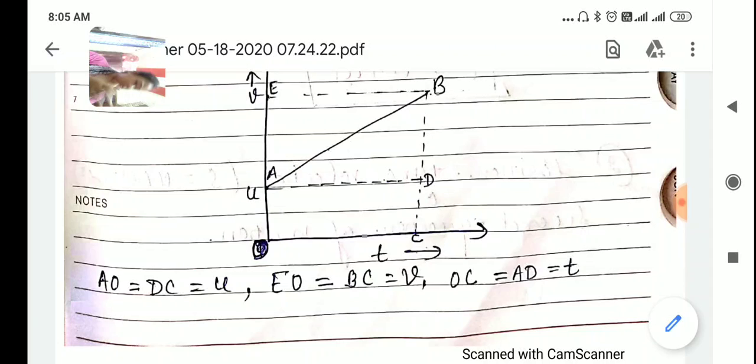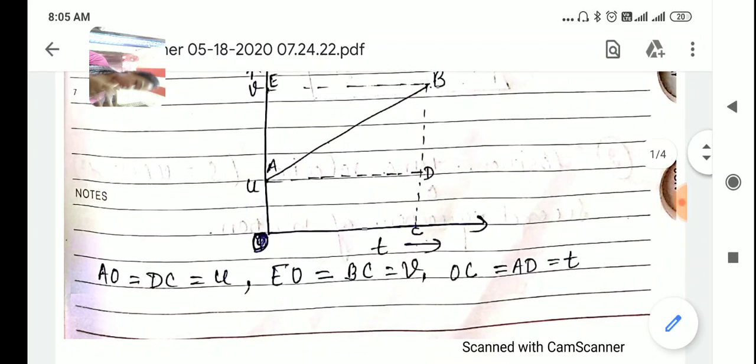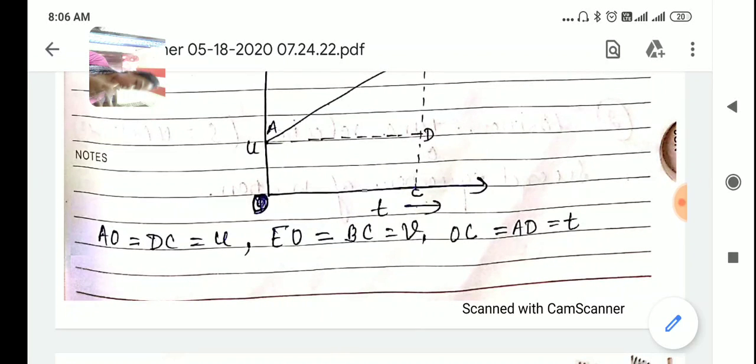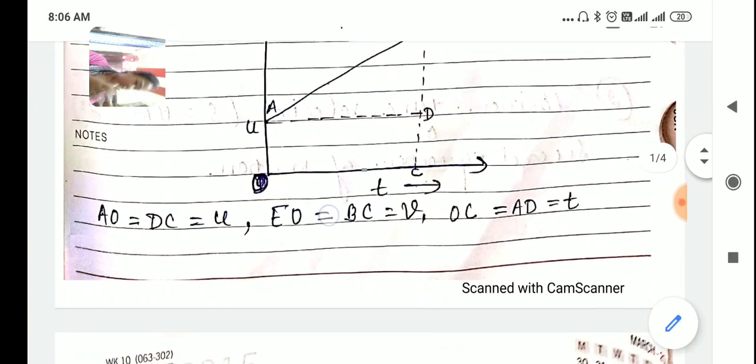After that, we will complete this line. We will also extend this line, that means we will draw one perpendicular from the point A to D. These dotted lines represent the additional construction done by us to derive the relation. Done. So this BE, this BC, this AD is our construction for the mathematical expression.